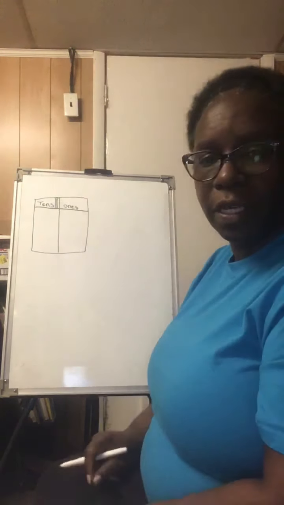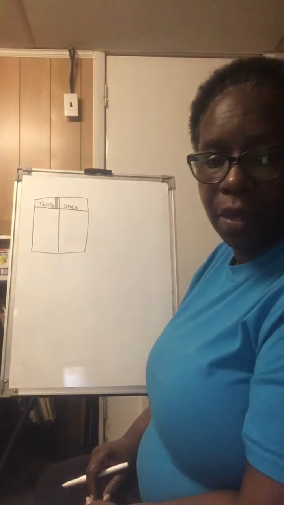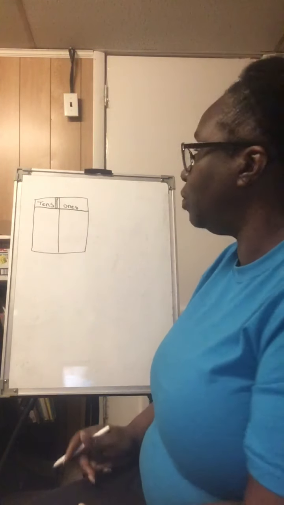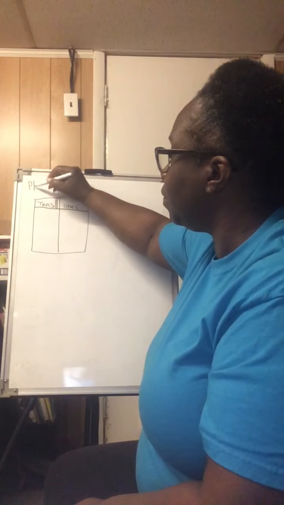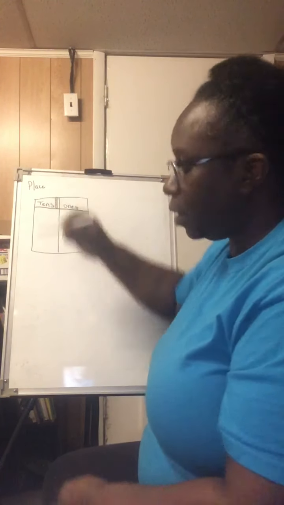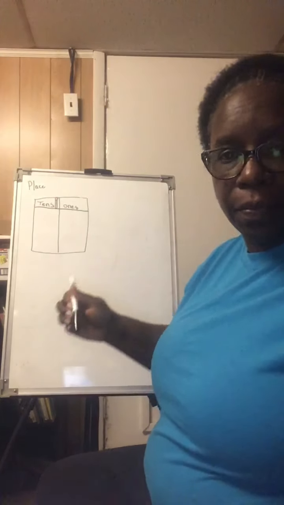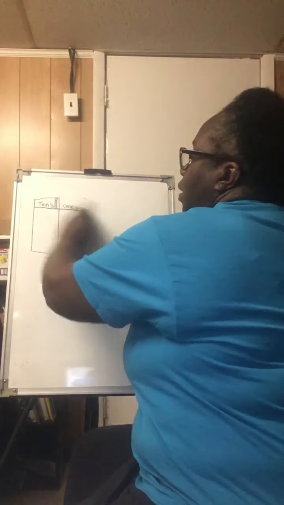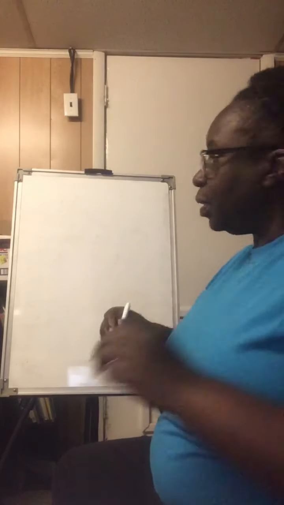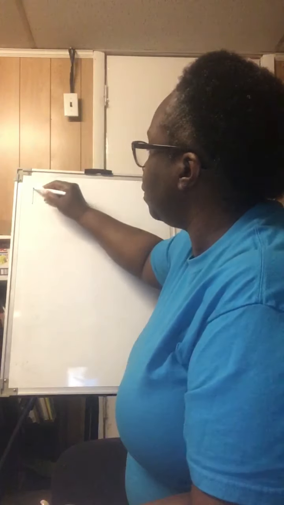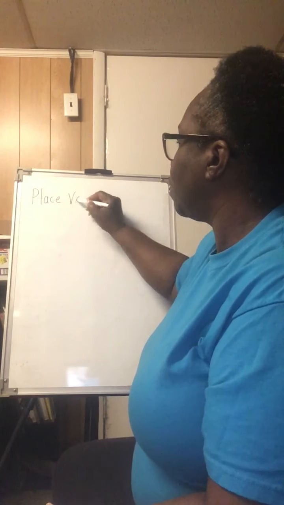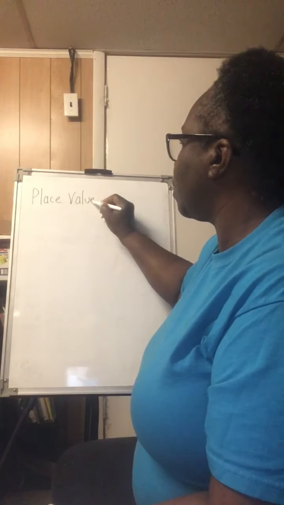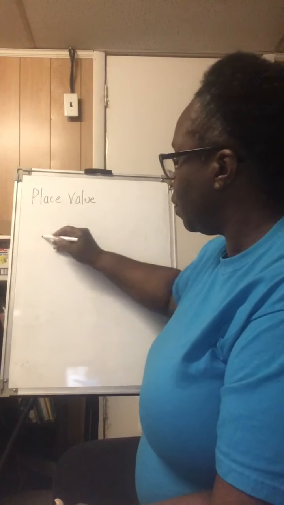You're working with your 10 train. 1s is when you have individual. Okay, so they gave us place value. Tell you what, let's make it bigger. We'll just do each one individually, because you can't see that. Let's make it bigger. So we're working with place value.